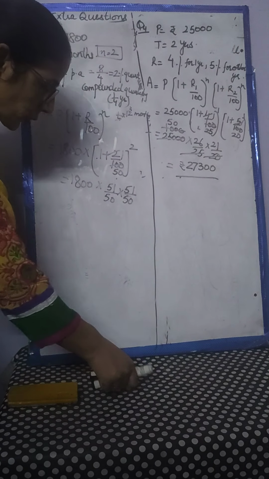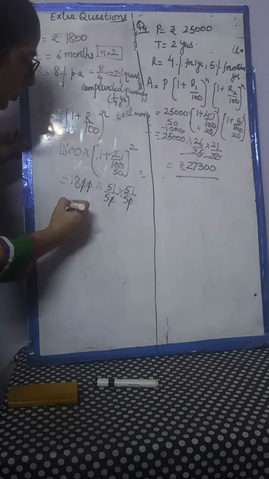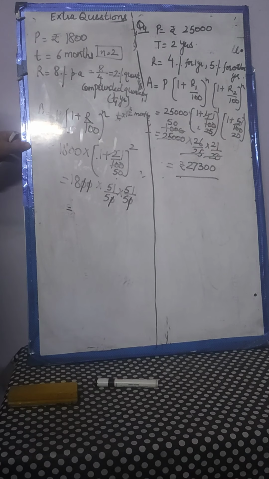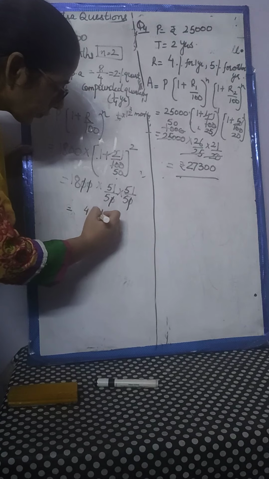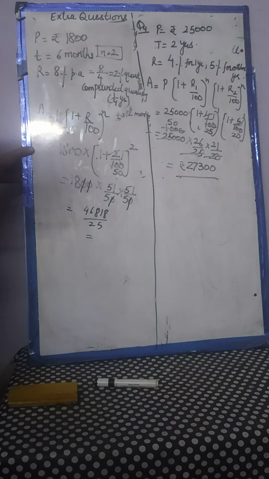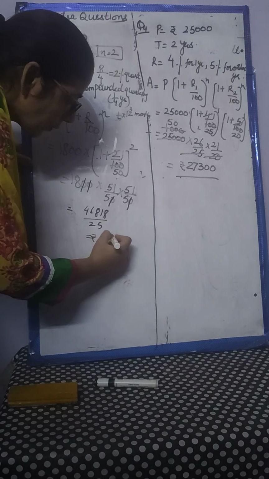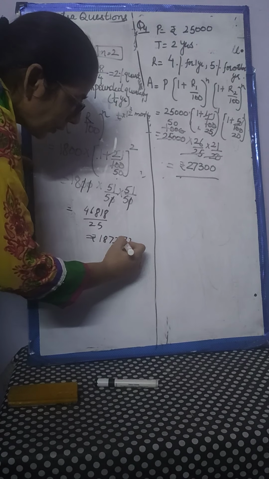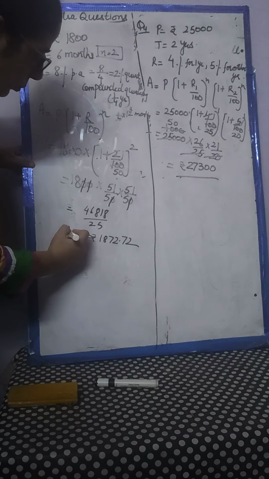Do the cancellation. 2 zeros will cancel here. So what will be the rest? When we calculate, the rest will be 46818 upon 25, and that comes out to be rupees 1872.72. So this is the amount.